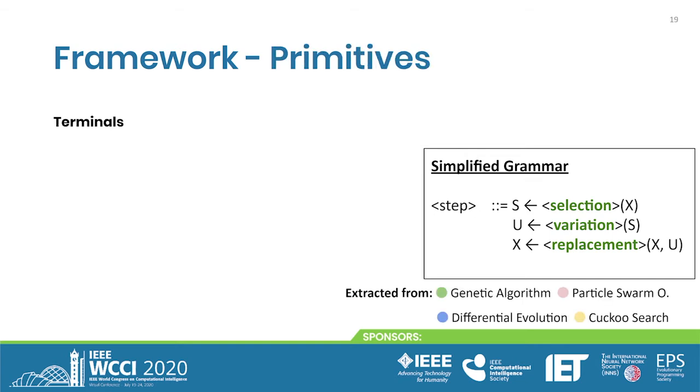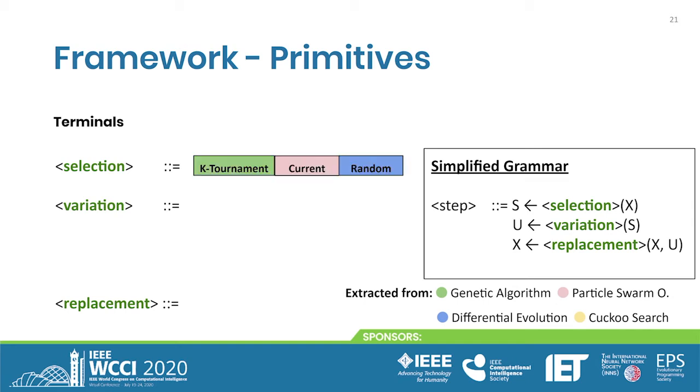Now, the terminals, also called primitives in the hyper-heuristic context. Here, we are seeing only a brief overview, so for more details about the meta operators, please check our paper. Okay, starting from the production rules, let's expand selection.